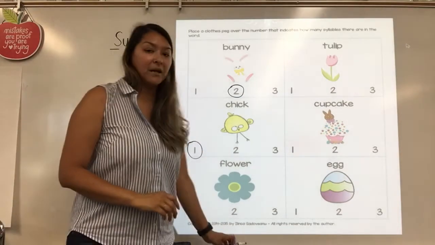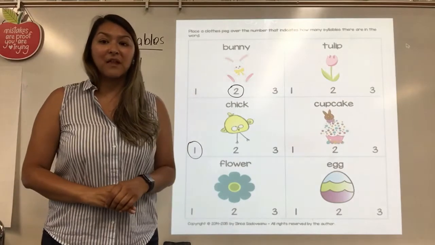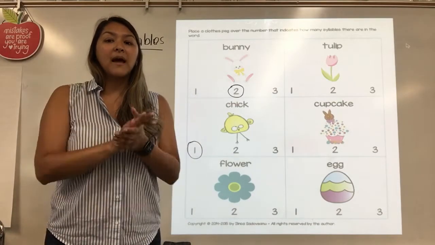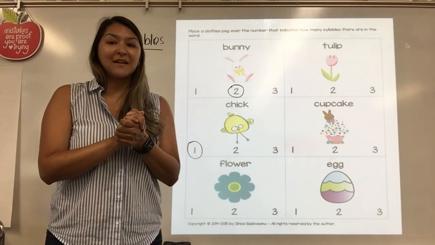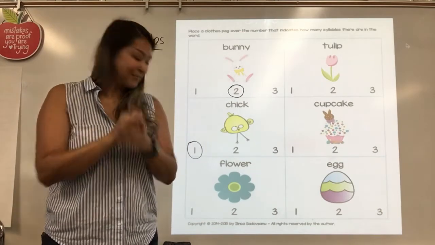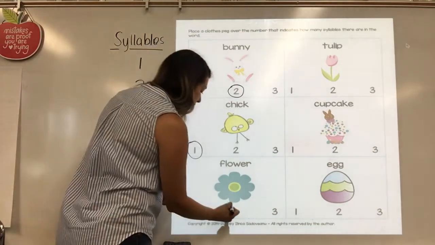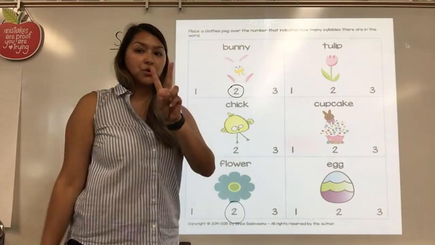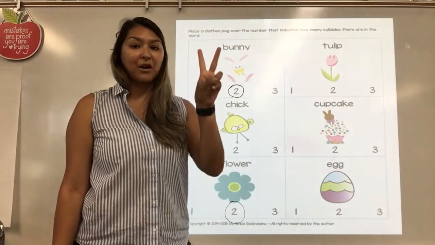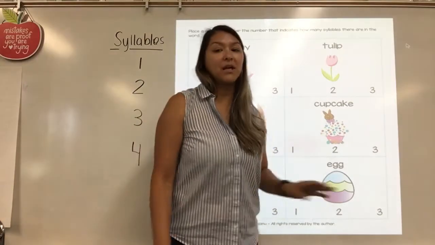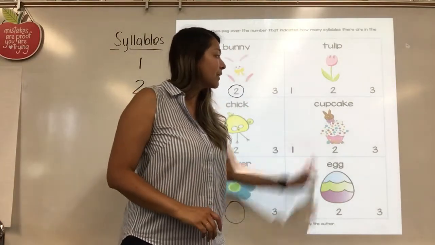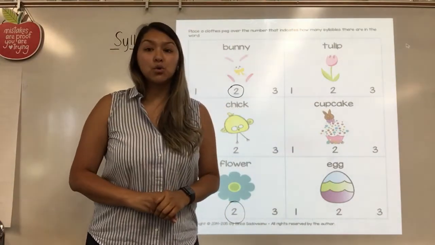Good. Let's move on. The next one is flower. Flower. Let's try that again. Flower. Good. I think it has 2 syllables. Very good. Let's do 3 more examples. The next word is tulip.